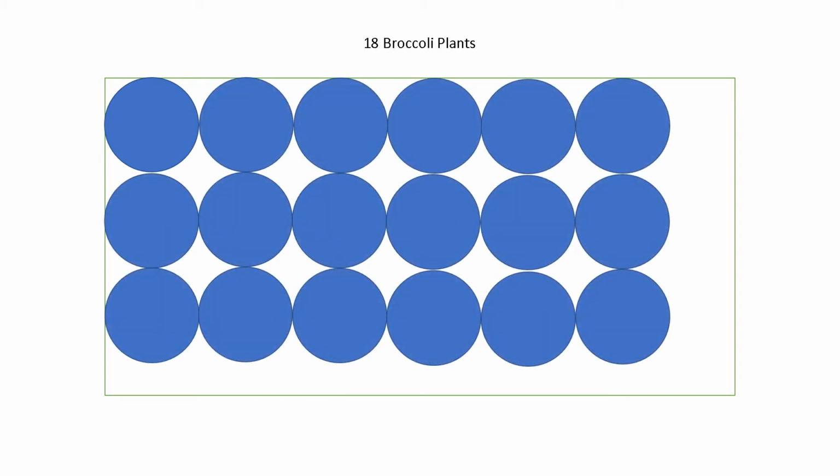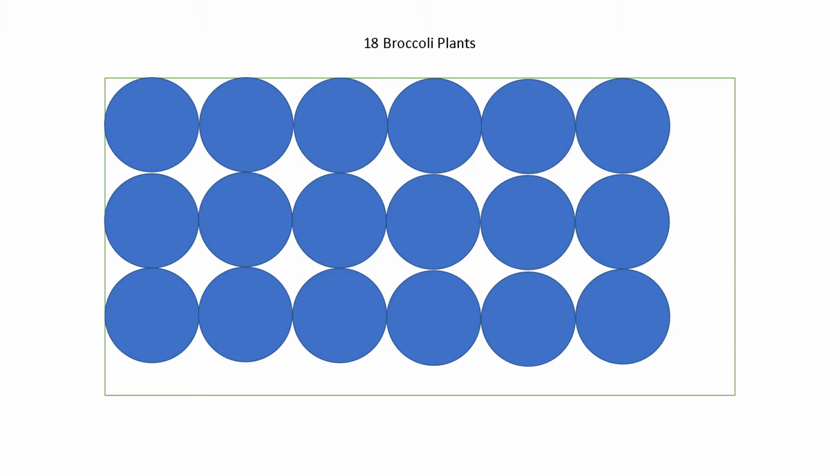To cram as many broccoli as we can into this 50 square feet area, you can see we have 18 plants, and notice there is room to spare on the right hand side as well as on the bottom, and there's even some gaps in between all of the plants.